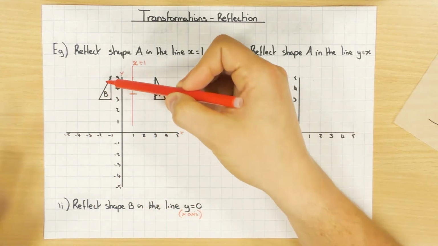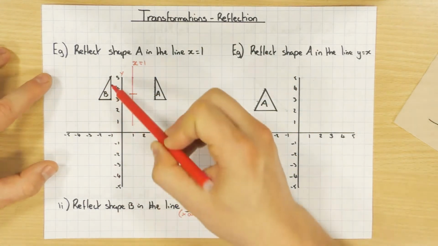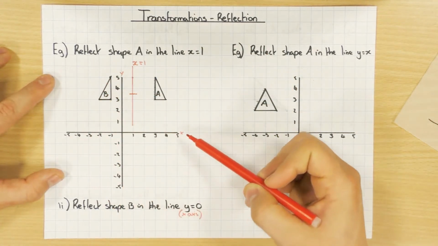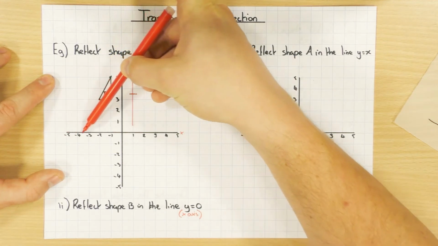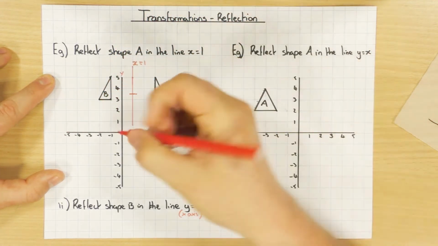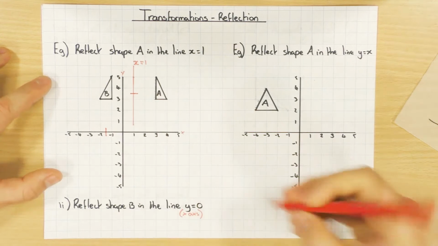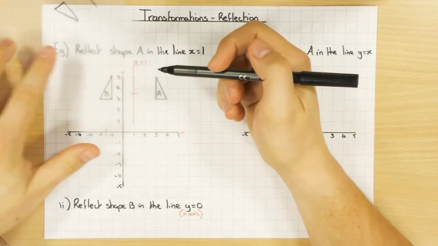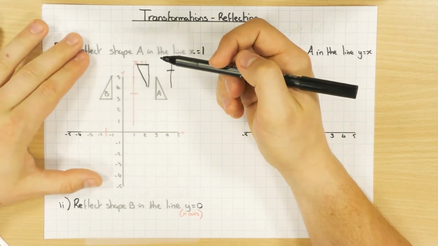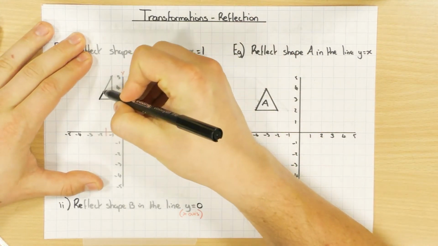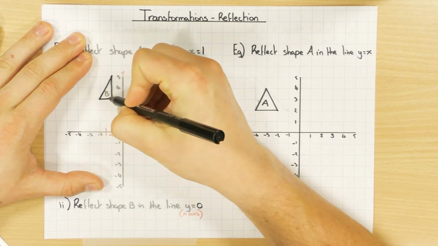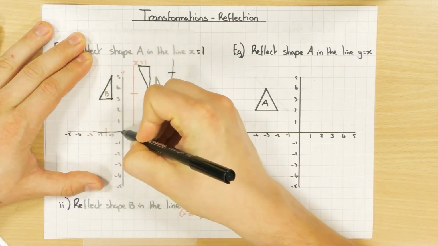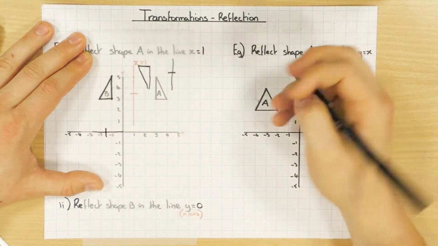So I'm going to reflect this shape B that I've just done in that line there. Exactly the same thing. I'm going to make sure that my line is horizontal to me. It is. I'm going to draw a nice vertical line. I'm going to get my tracing paper and trace the shape. There's my shape B. I'm going to trace the line of reflection and that little mark that I just made.